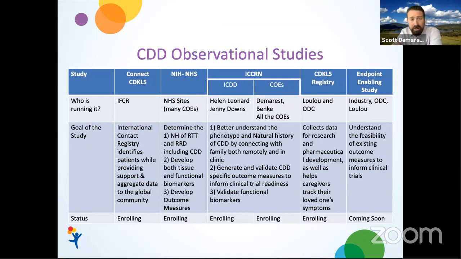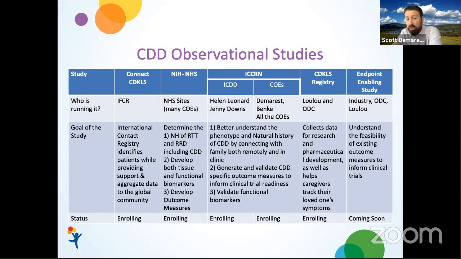The ICCRN, including the ICDD and the COEs, which I've described the goals of throughout this talk, and the CDKL5 registry from Lulu and the ODC are really working on trying to get some essential data from as many patients as possible, linking that in where possible with the ICDD, which can also be a way that you can find out where the centers of excellence are, if you've never been seen at a center of excellence before, and how you could get into one if that's something you're interested in.